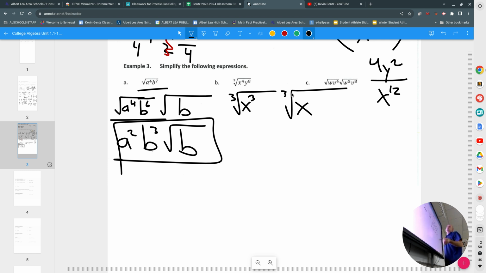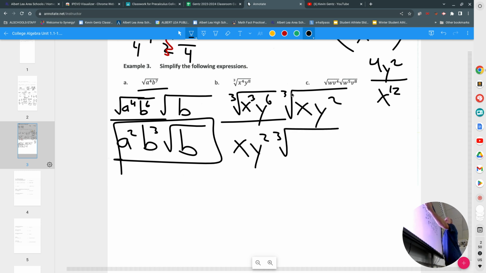X. Is y to the 8th a perfect cube? Nope. Y to the 7th? Nope. Y to the 6th? Yes. So what am I missing over here? Y squared. So now you can take that cubed root and get x y squared times the cubed root of x y squared.